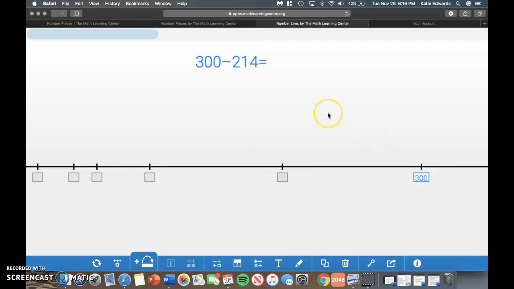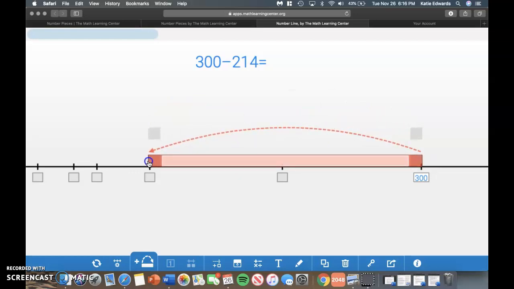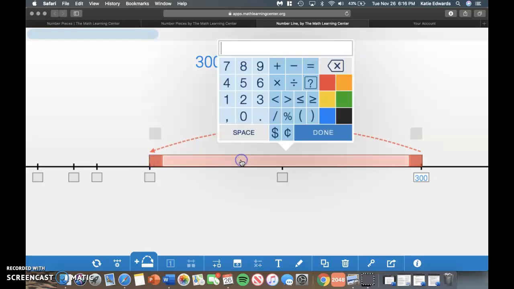And from there, they would take away 200 because they know that 300 minus 200 is 100.